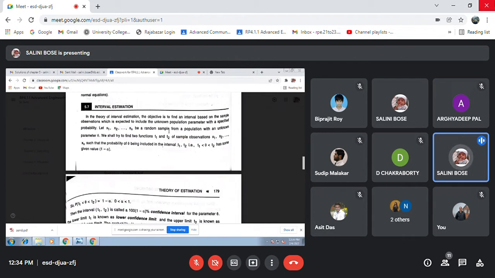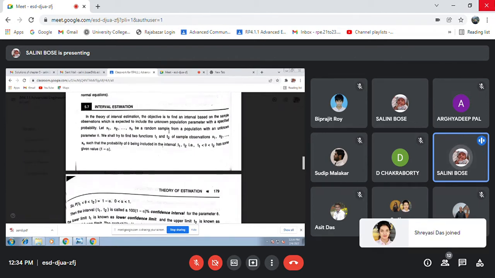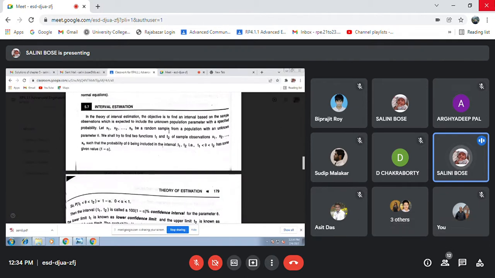So in interval estimation, we take some interval of values in between which the probability of the population parameter is highest. That is called interval estimation.